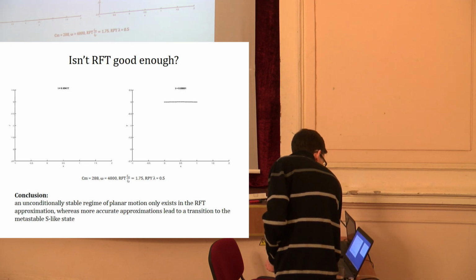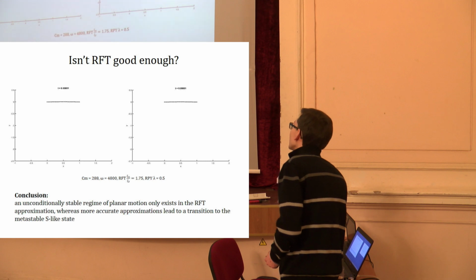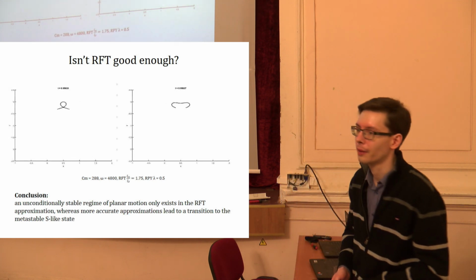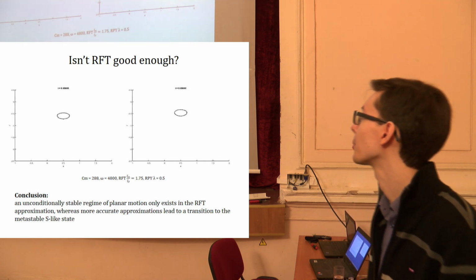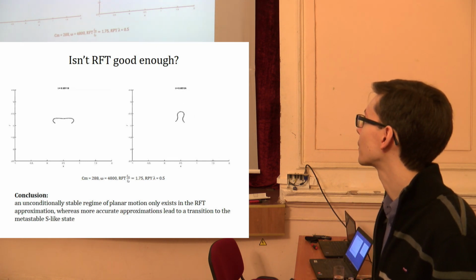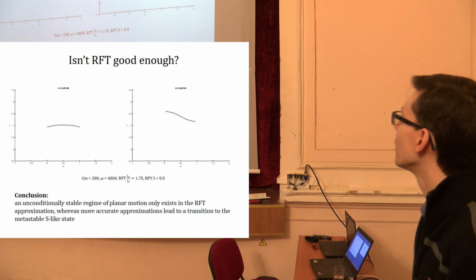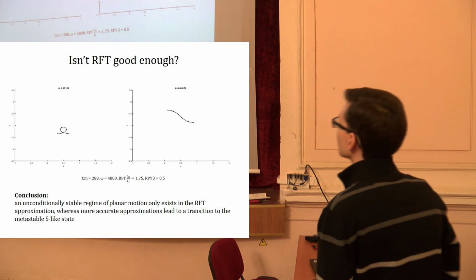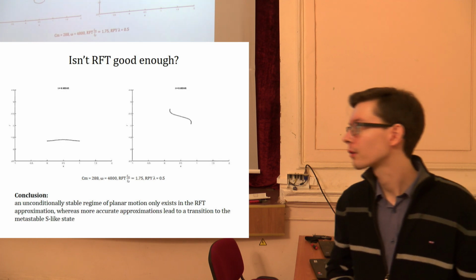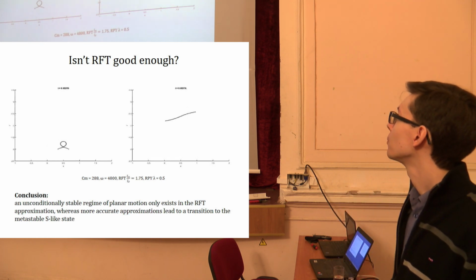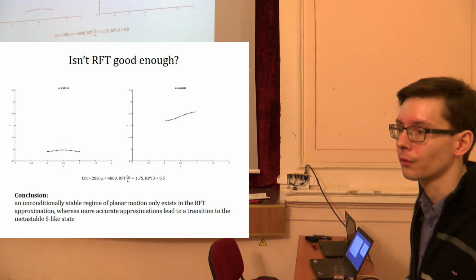On the other hand, if we do the exact same thing with exactly the same parameters and vary only the degree to which we approximate the hydrodynamic interactions, this is the next simplest approximation, we see very quickly that the filament relaxes into a different metastable state, an S-like shape, which is no longer useful for control of propulsion in a specific direction.